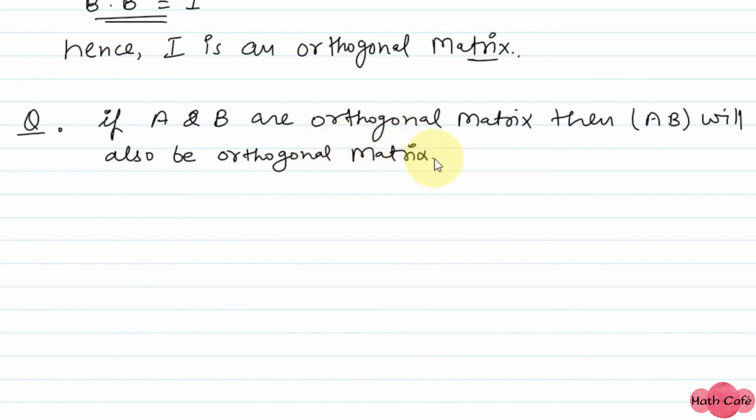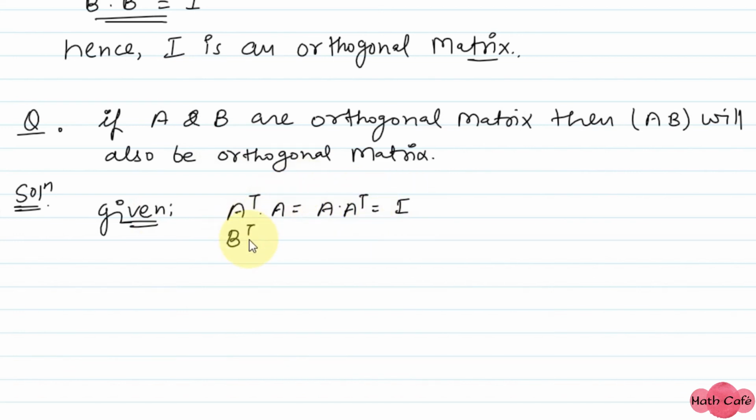That is what we need to prove. So let's proceed with the solution. Here it is given that A and B are orthogonal matrices. So I can write A transpose multiplied by A, or A multiplied by A transpose is equal to I. That is given to us. Similarly, B transpose multiplied by B and B multiplied by B transpose is equal to I. That is given to us in the question.